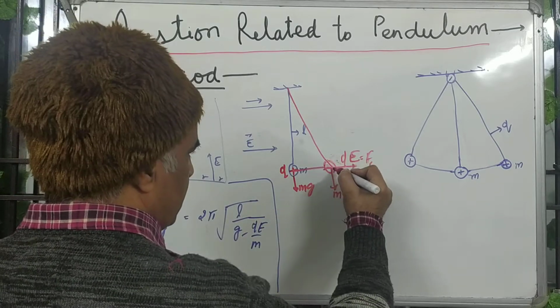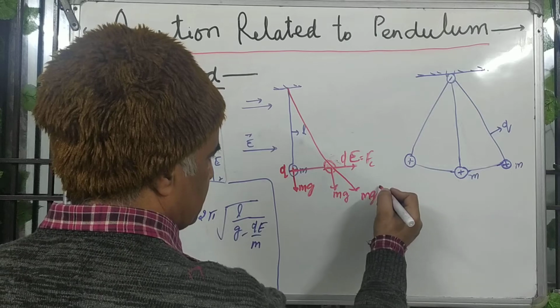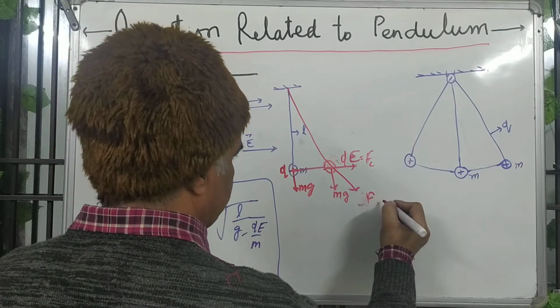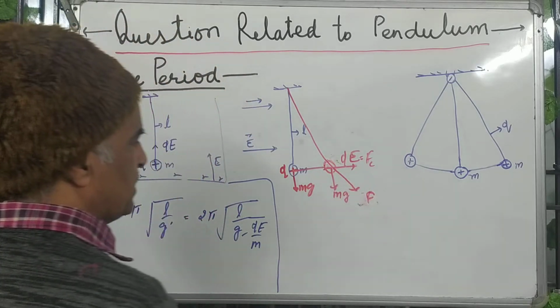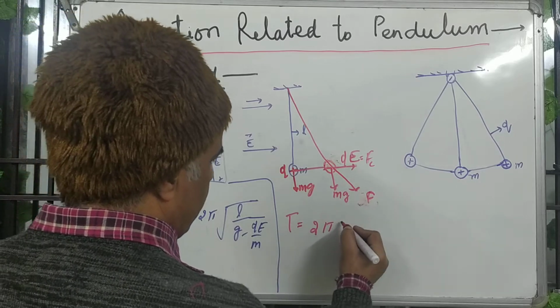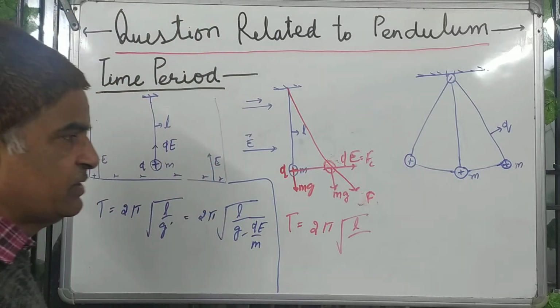So the net force, mg dash or only F, you may write as the effective force, which is this plus this. So time period T equals 2 pi root L upon g dash, the effective g.